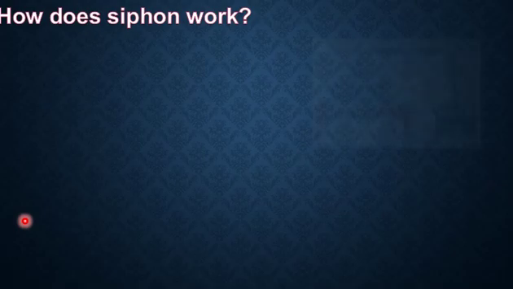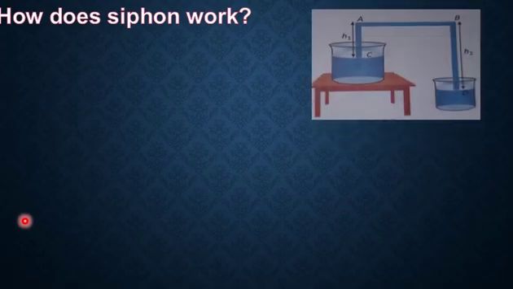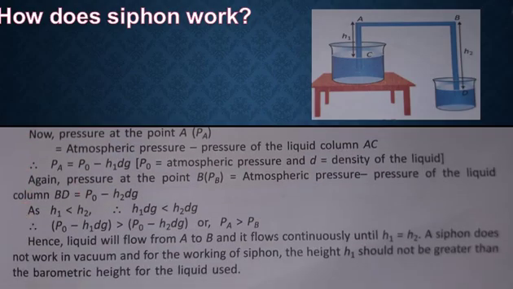Well, here I will try to explain to you how a siphon works. Now see, this is the basic diagram of the working of a siphon. Now I have taken 2 points on the same horizontal plane on that connecting tube, one at A and another at B. Let the pressures at A be PA and at B be PB. Now what is the net pressure which is acting here? That will be the difference of the atmospheric pressure which is acting here and the pressure exerted by the liquid column of height H1.